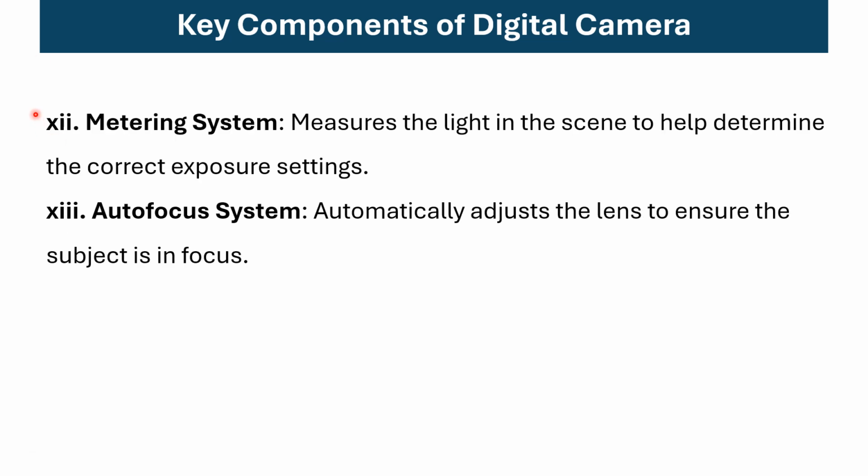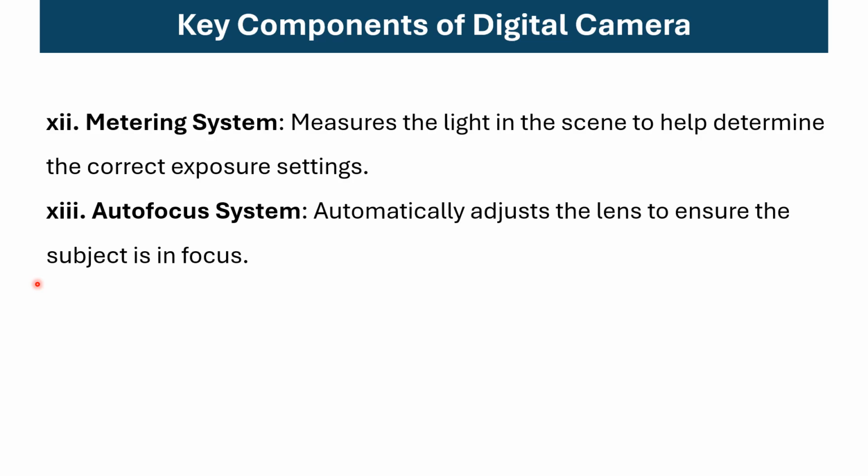The metering system ensures that the light in the scene is determined well to get the correct exposure. The autofocus system automatically adjusts the lens to put the subject in focus. Now, these are just a few of the components or parts of the digital camera.